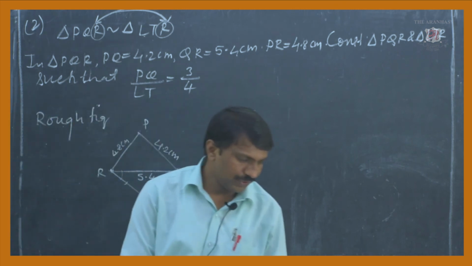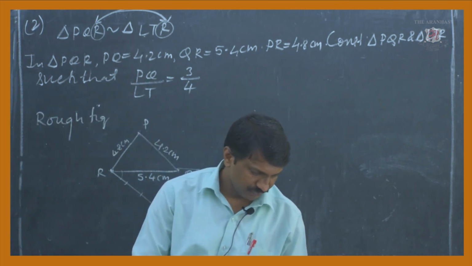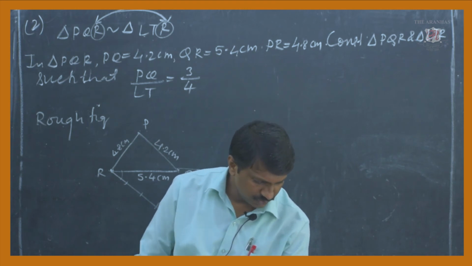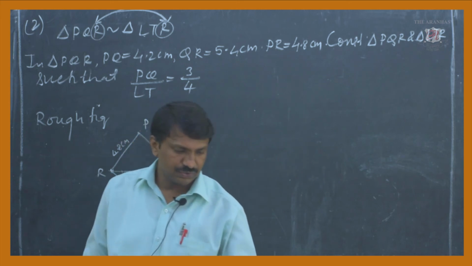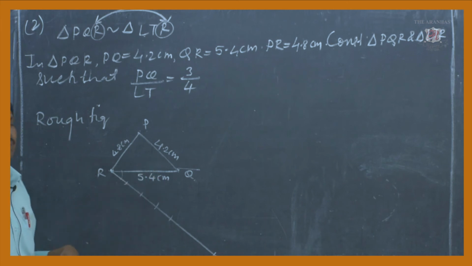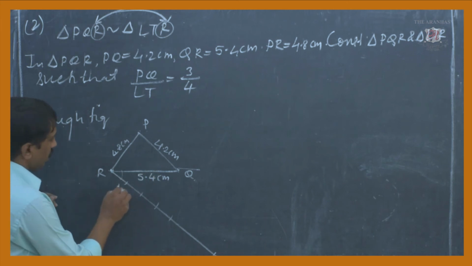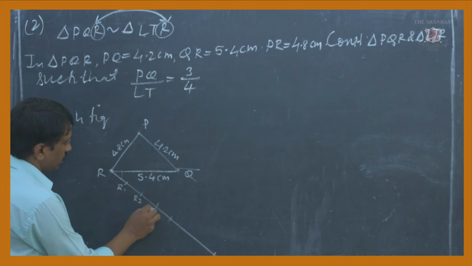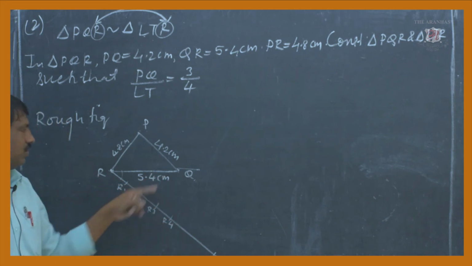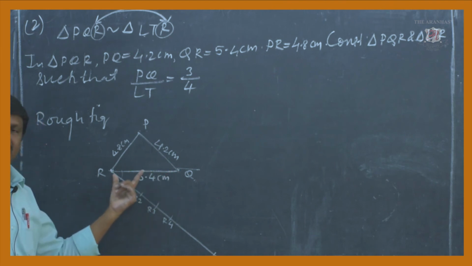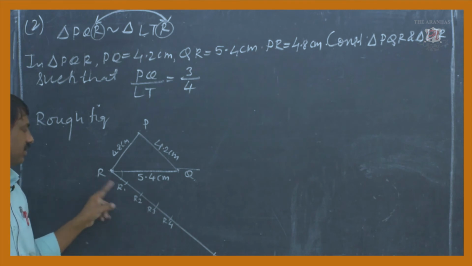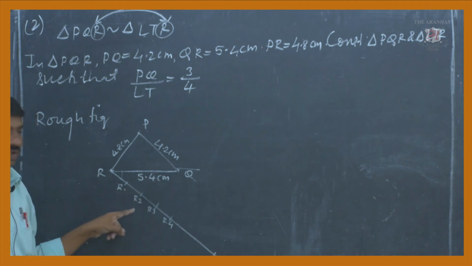And then what are we going to do? After constructing this, we'll start to divide the given segment into the ratios. Segment QR will be divided into equal parts: this is R1, here we have R2, this is R3, and this one is R4. We have to divide segment QR in the ratio 3:4, but the ratios here go up to 4.